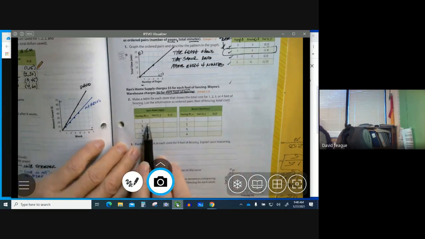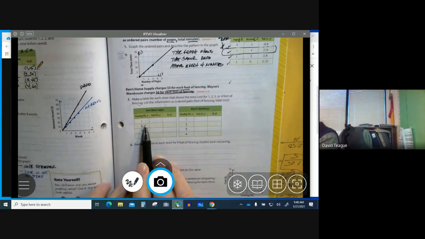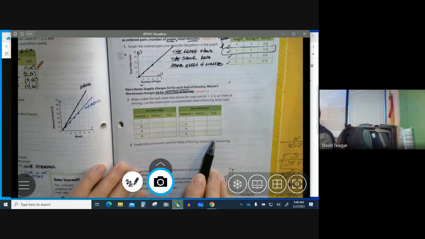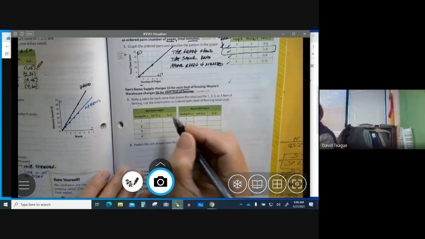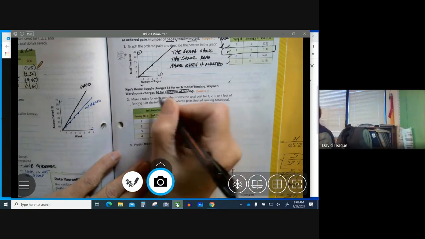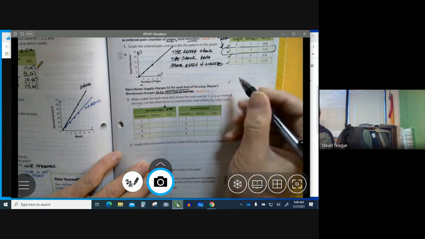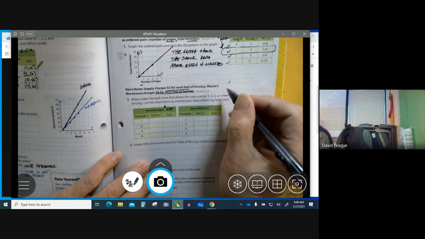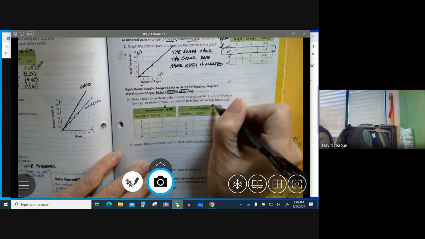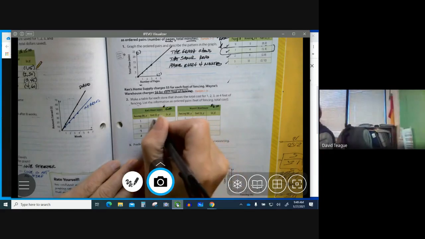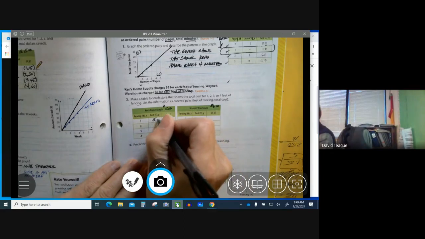Okay, so you need to fill in your table, your ratio table, and then create your ordered pair. So I'm going to do the first one. So Ken's, this one was $5 for every foot. And Wayne's is $6 for every foot. Okay. So the first one for Ken's is going to be, his cost is $5, right?